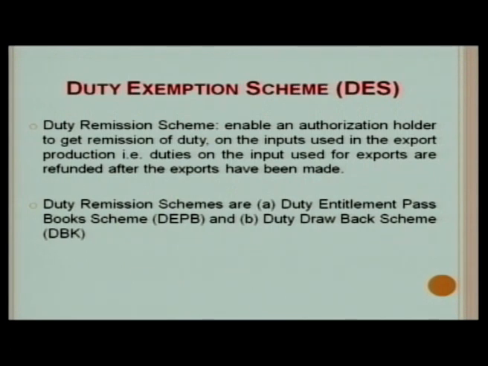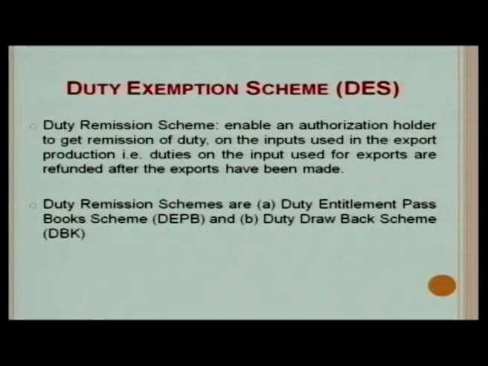So, the basic difference between exemption and remission is that in case of exemption the exporter is not required to pay the duty, but in case of remission he has to pay the duty and it is refunded back to him. Duty remission schemes are the duty entitlement passbook scheme, DEPB, and the duty drawback scheme, DBK.